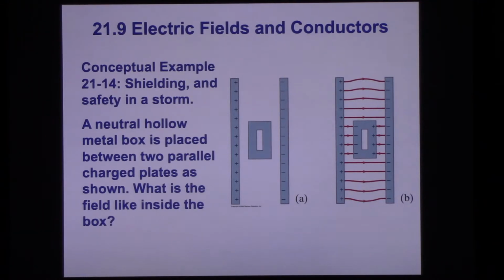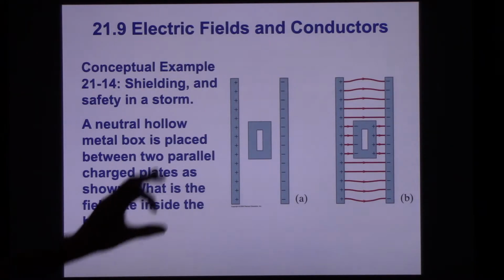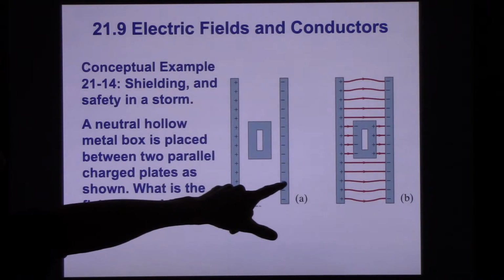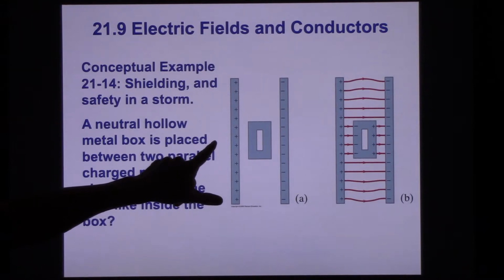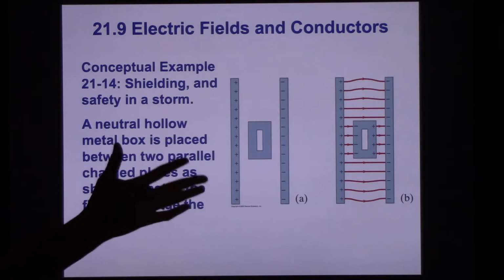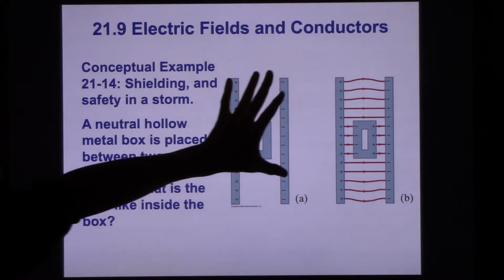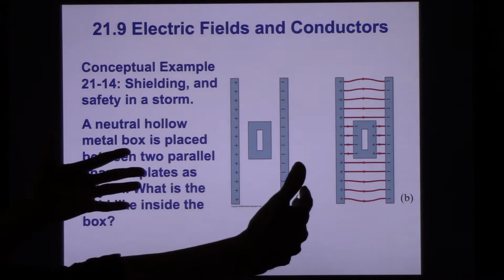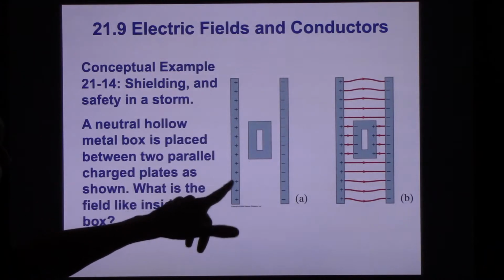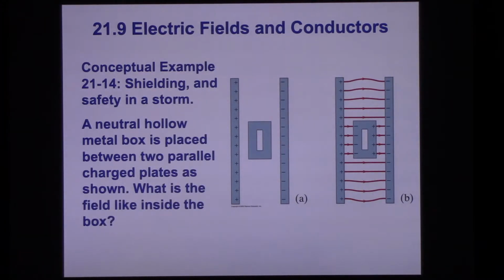So this is kind of like driving in a lightning storm, right? The lightning storm, here is the Earth negatively charged, here are the clouds positively charged, or vice versa, one or the other. And a bolt of lightning crosses between these two plates. You're driving along in the car, what happens? You're fine.